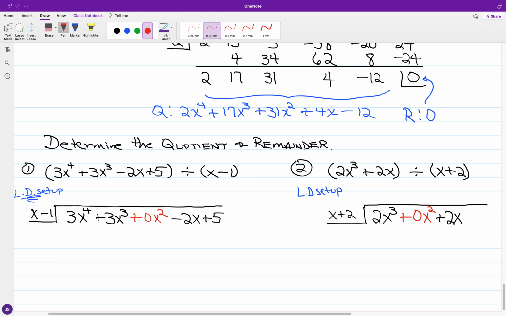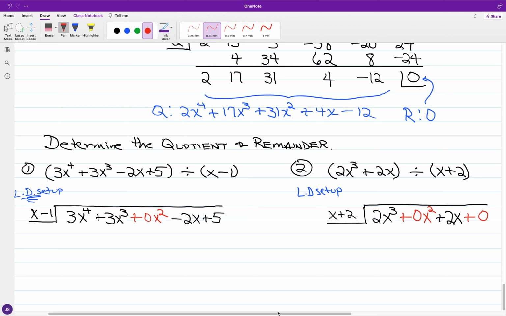If you don't have anything that closes out with a constant, yes, you do have to fill in the remaining spaces. So in this case, we have a missing constant. The last term of the dividend will be the representation of a constant. So you want all the degrees from the leading term all the way down to a constant to be covered.